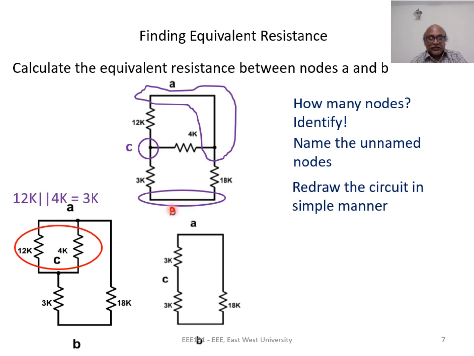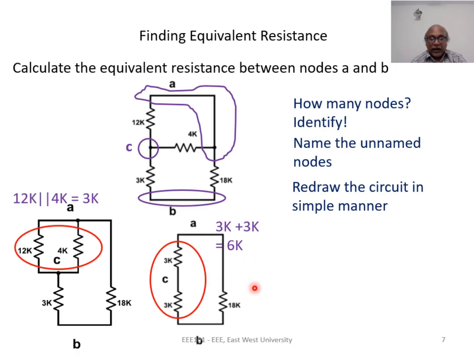Instead of four resistances, now we have three resistors. Again, if we look at this resistance, we see that this 3K and 3K are connected in series. At node C, these are the only two circuit elements. So these two are in series, and we can combine them as 6K.